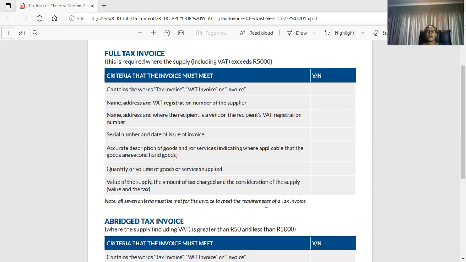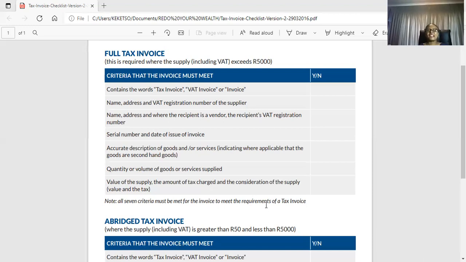If you have supplied bricks, you must indicate that you've supplied brown bricks, or red bricks. You've got to write a clear indication, or say I supplied 100 big yellow ball pens.